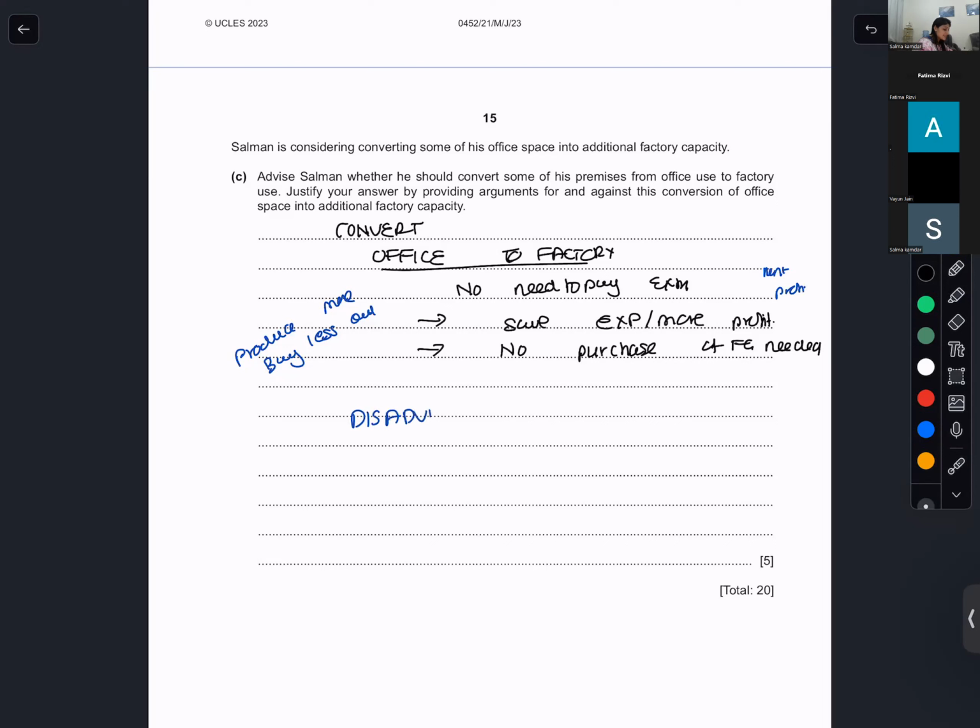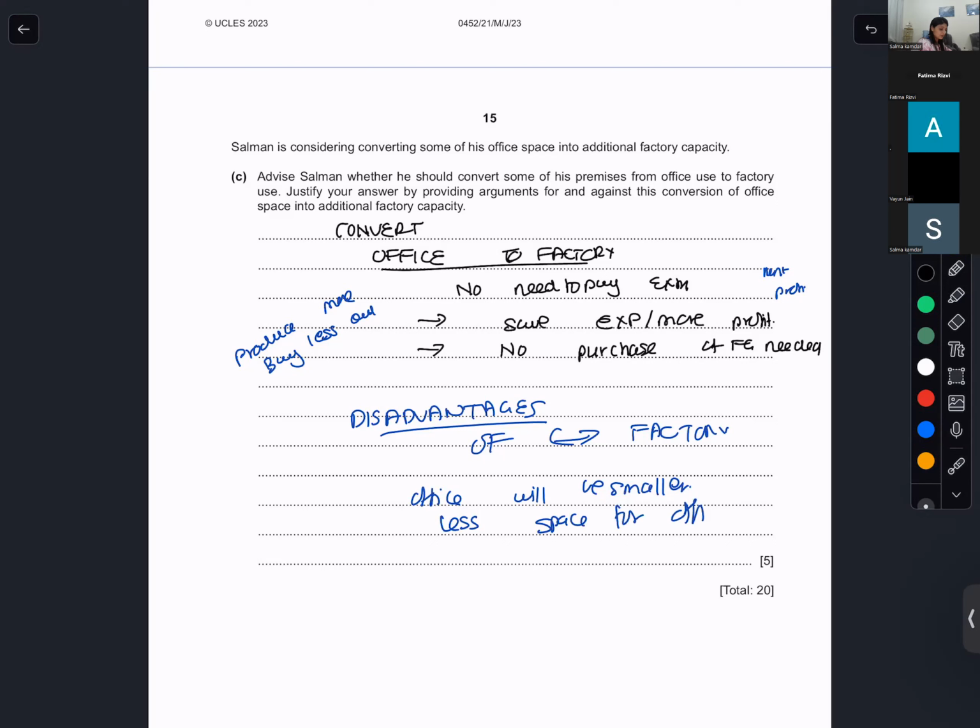What are the disadvantages of converting his office to factory? His office will be smaller, so less work can be done in accounting. There will be less space for office work.